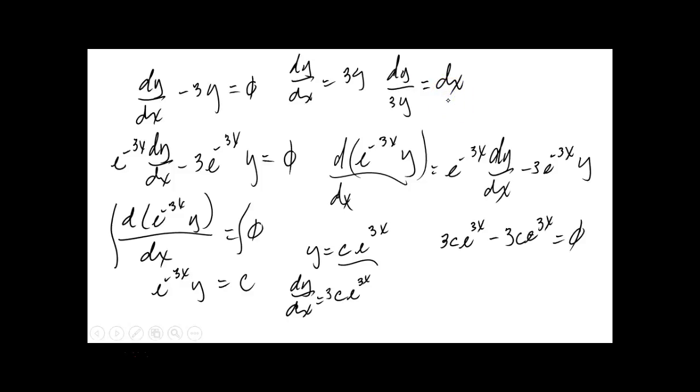Then I would integrate both sides. I'm going to pull out the constant 1/3. Integrate this, and that would be 1/3 times the integral of dy over y, which is this part here.